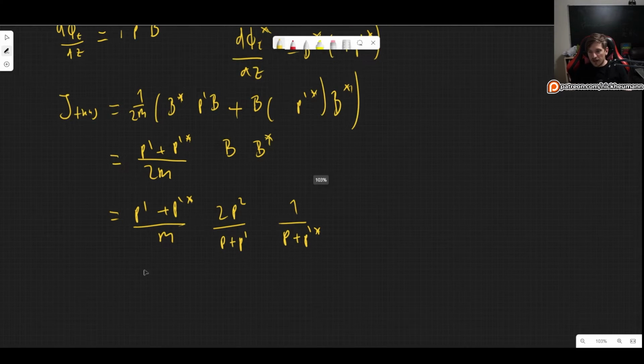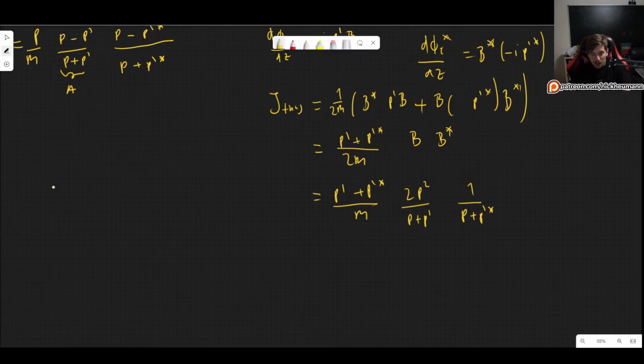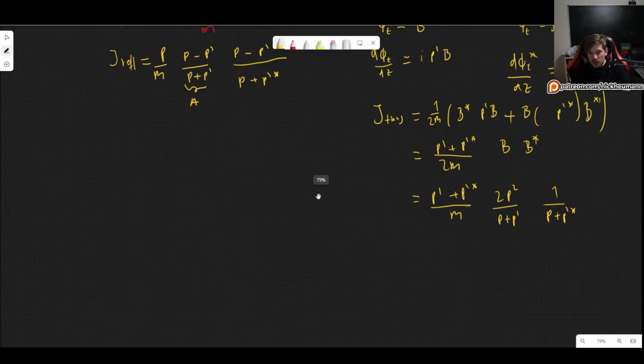Okay, so now we have the currents, and with those we can calculate what we actually wanted, which is of course the reflection and transmission coefficients. So the reflection coefficient will be the reflected current divided by the incident one. So J reflected divided by J incident. So what is the reflected one? It is right here.